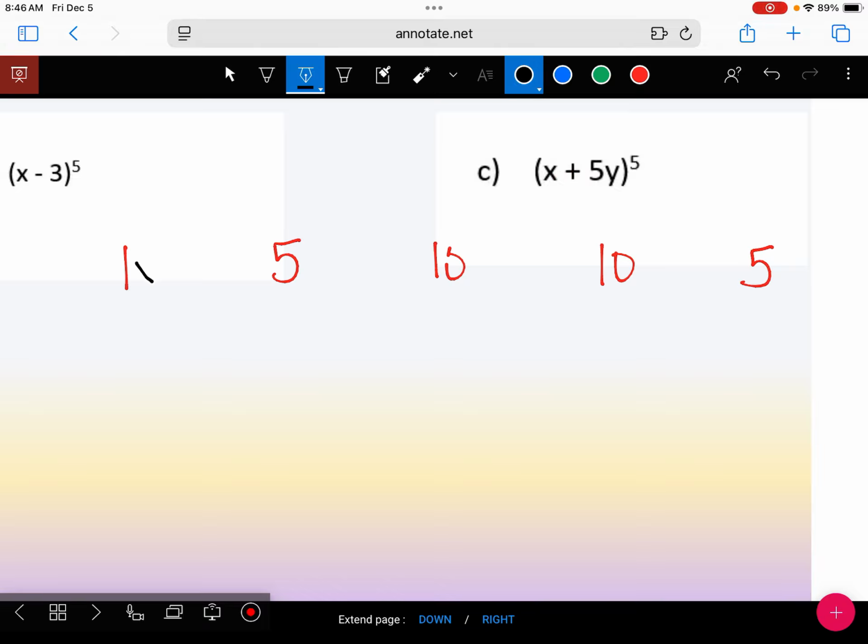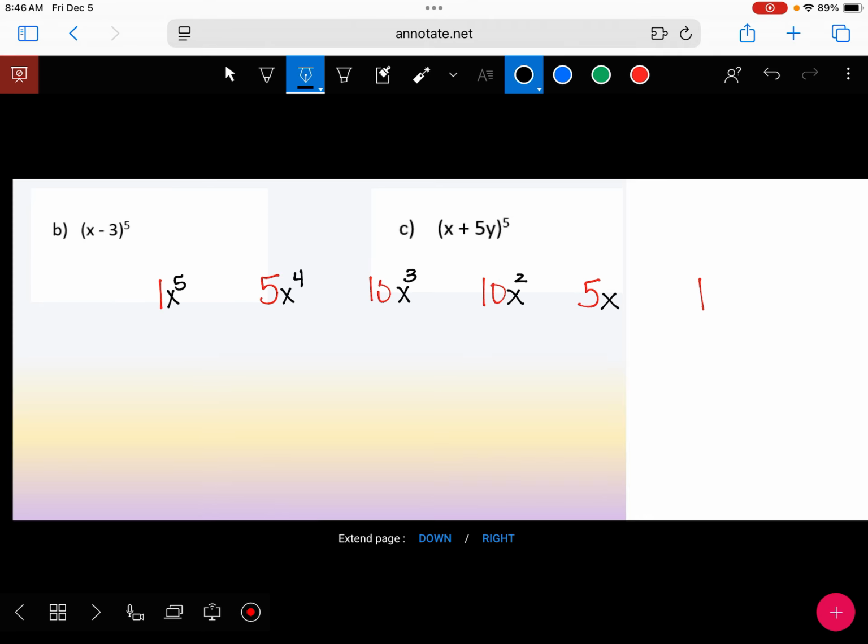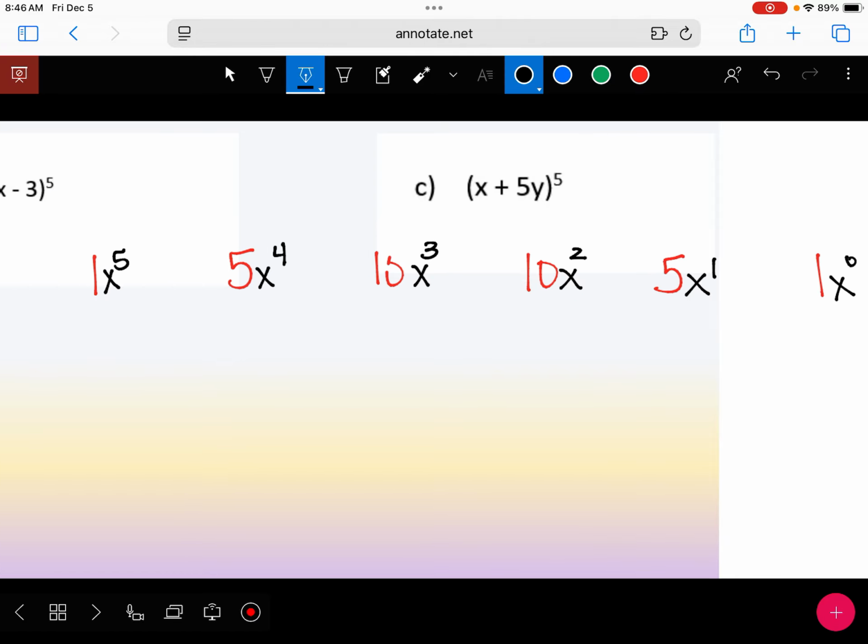So I'm going to put x to the power of 5. Then I'm going to put x to the power of 4, x to the power of 3, x to the power of 2, x. And then at the end, you don't have any x's. But I'll still put it. Normally I just wouldn't put an x at the end, but I'll put it. All right, now let's do our positive 5y.